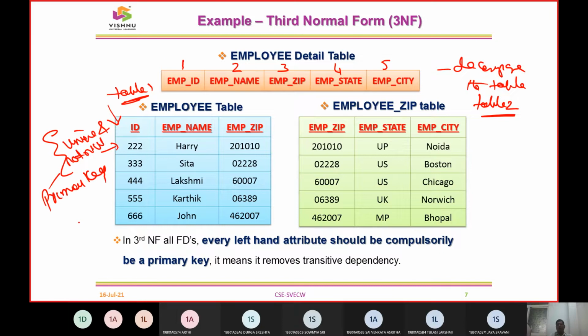Then we take up name and zip. Name and zip, we can say, are going to be non-prime attributes. So these non-prime attributes, we are notifying in the same table here. Okay, that we have taken.